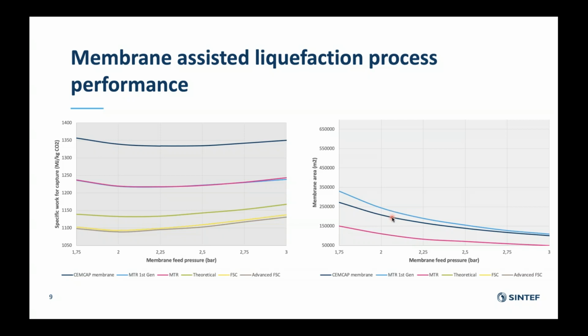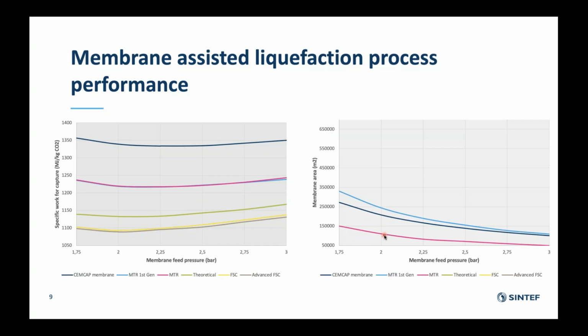As you can see, the MTR membrane that we looked at in SEM-cap and the MTR first generation have the same permeance, but the MTR first generation has a higher selectivity, and that causes the membrane area to be higher. Whereas the MTR first generation and the MTR membrane have the same selectivity, but the MTR has higher permeance, which causes the membrane area to be lower.